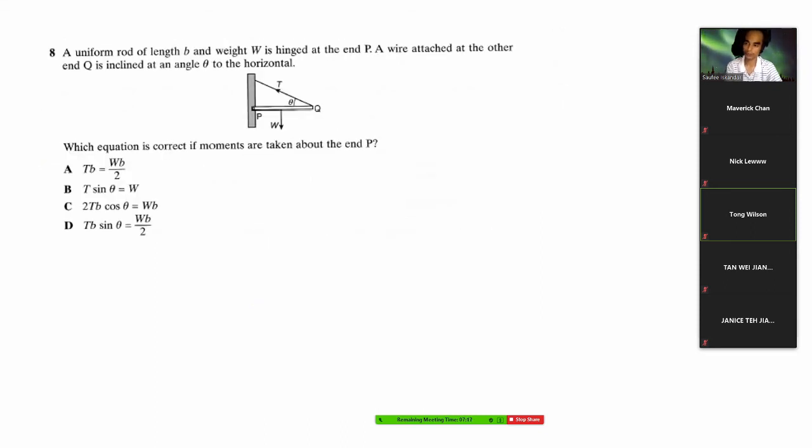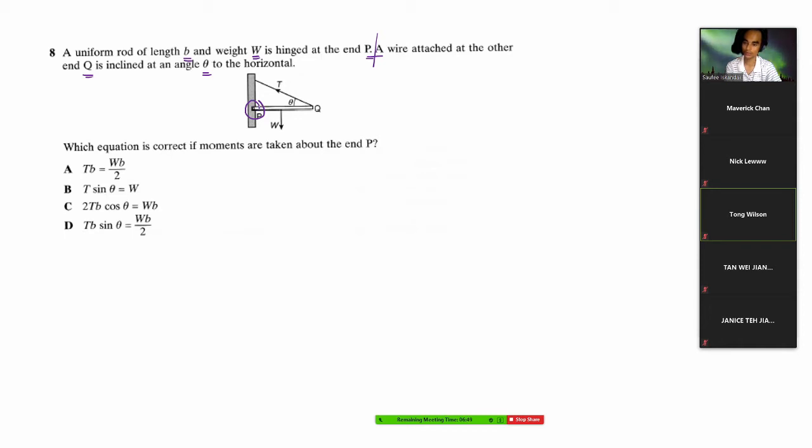Number 8, a uniform rod of length B and weight W is hinged at the end P. A wire attached to the other end Q is inclined at angle theta to the horizontal. Which equation is correct if moments are taken about the end P? So we take P as the axis of rotation.